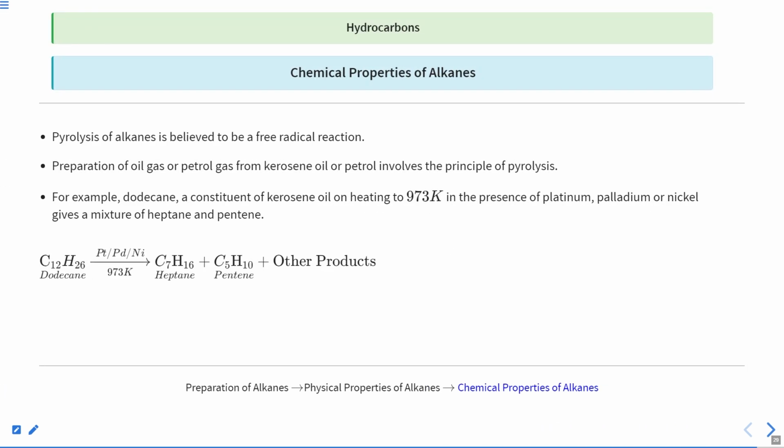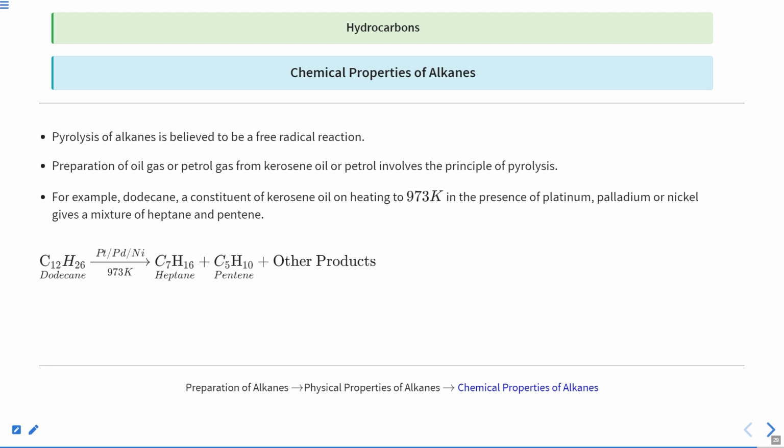Pyrolysis of alkane is believed to go through a free radical mechanism, and the preparation of oil, gas, or petrol from kerosene involves the principle of pyrolysis. I've said that to get various derivatives of petroleum, we use this cracking or pyrolysis method, which is believed to go through the radical mechanism.